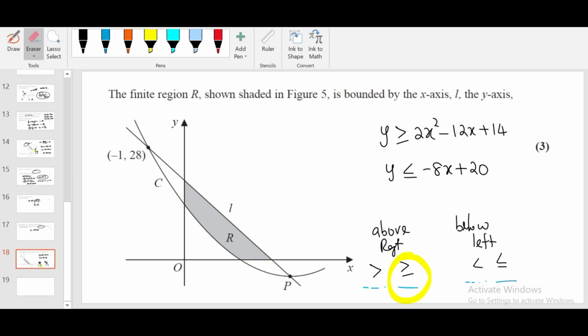And then if you take this line, the equation of the y-axis is x is equal to 0. On the right hand side it's shaded, so x is greater than or equal to 0. And then here the above is shaded, y is greater than or equal to 0. You need to write all these 4 inequalities to get 3 marks.